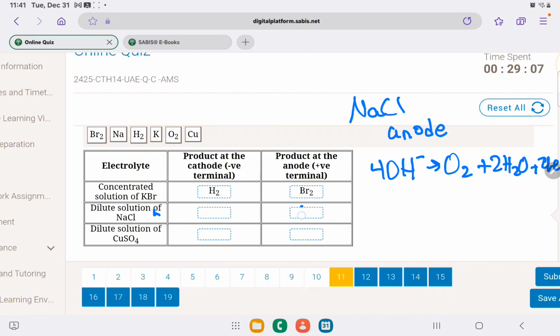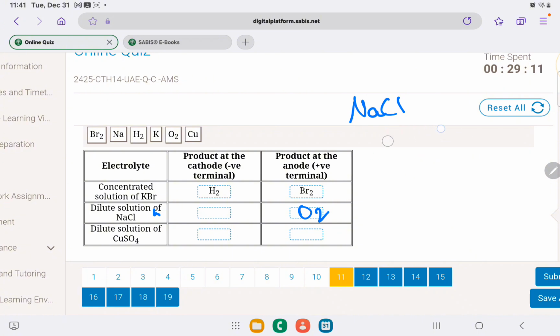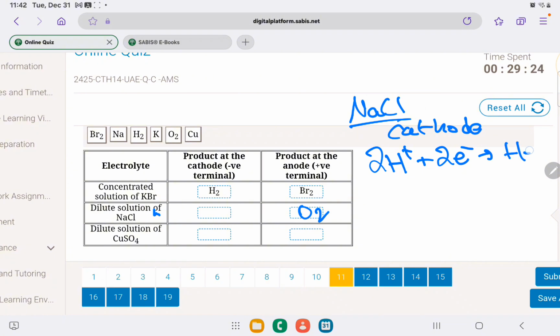So the answer is O2. And at the cathode, does the solution contain Cu or Ag? Nope. So the equation is 2H plus, plus 2 electrons to give H2. So hydrogen.